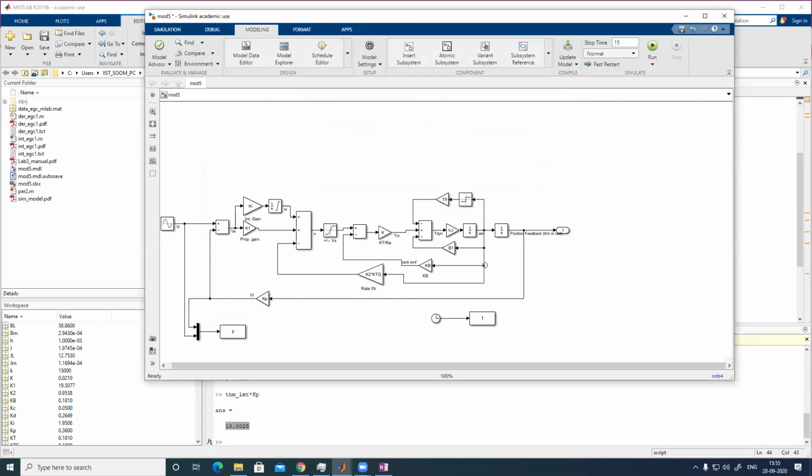You only have to concentrate on how this block diagram is converting to equation. In the first lab, I told you how the ordinary differential equation is converted to block diagram. Now this block diagram is being converted to a MATLAB file.